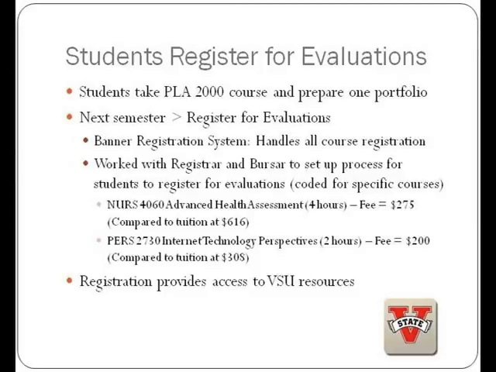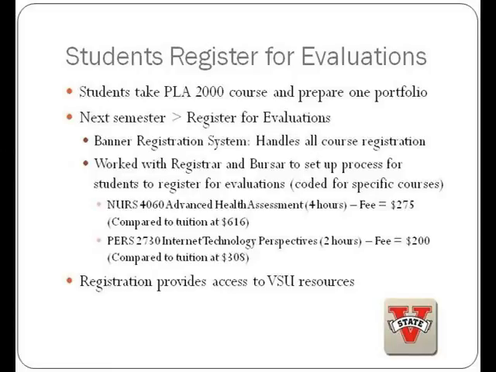Typically, a student will take the PLA 2000 course, and as they go through that portfolio development course, they build one portfolio, and once they've done that, that meets the requirement for the PLA 2000 course, so they would earn credit for that.